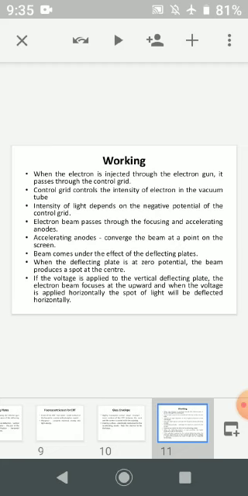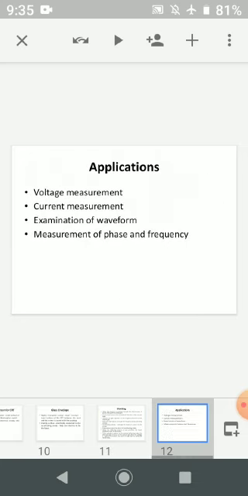When the deflecting plate is at zero potential, the beam produces a spot at the center. If a voltage is applied to the vertical deflecting plate, the electron beam is deflected upward, and when a voltage is applied horizontally, the spot of light will be deflected horizontally. So this is what we can understand from the working of a cathode ray oscilloscope.